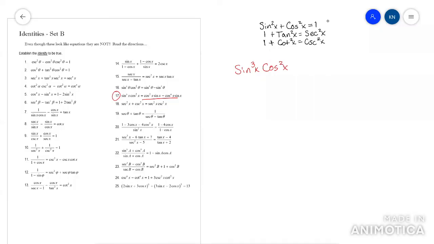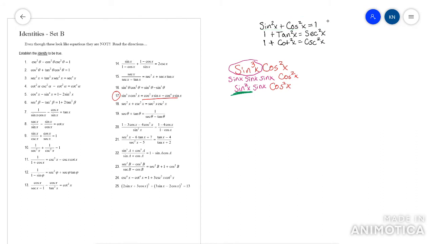You're going to need to take sine 3 and realize it's 3 sines. Or realize it's 2 sines and 1 sine, like this. So cosine squared is still sitting here. Cosine squared still there. And the reason you want to do this is because now you're going to change sine squared using this first equation.